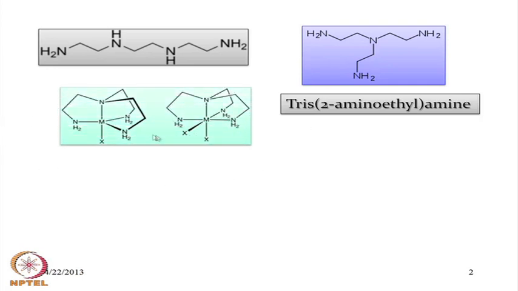So, if we simply use this Tren ligand, the tris-2-aminoethylamine ligand, and it is binding to any metal center, this is the central nitrogen, this nitrogen is bound over here. This is one aminoethyl backbone, this is the second aminoethyl backbone, and the other one is the third one.